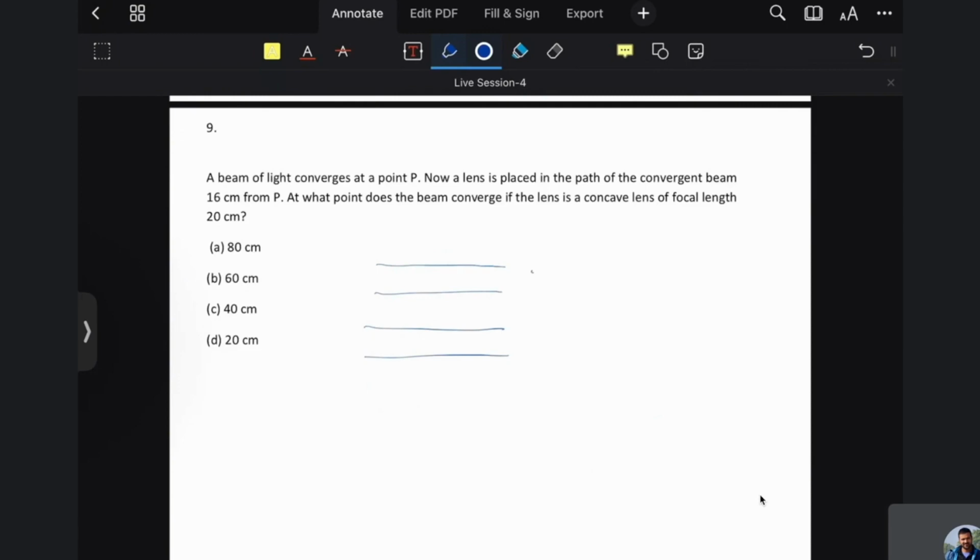It converges at point P. Now a lens is placed in the path of the convergent beam 16 centimeter from P. At what point does the beam converge if the lens is a concave lens of focal length 20 centimeter?